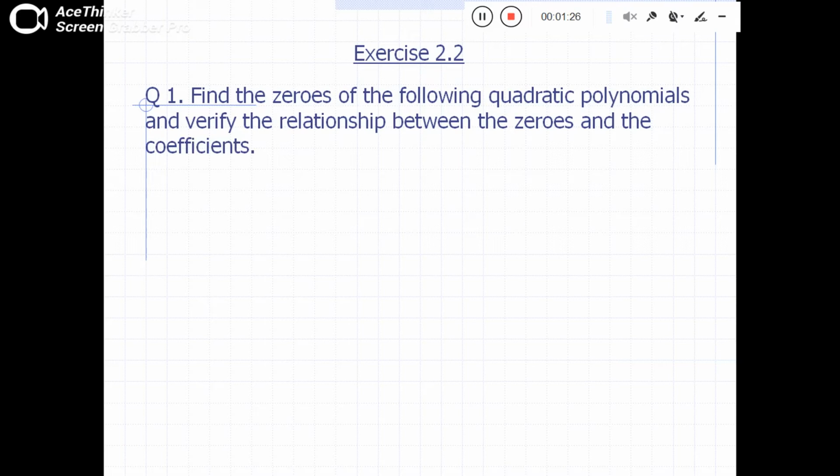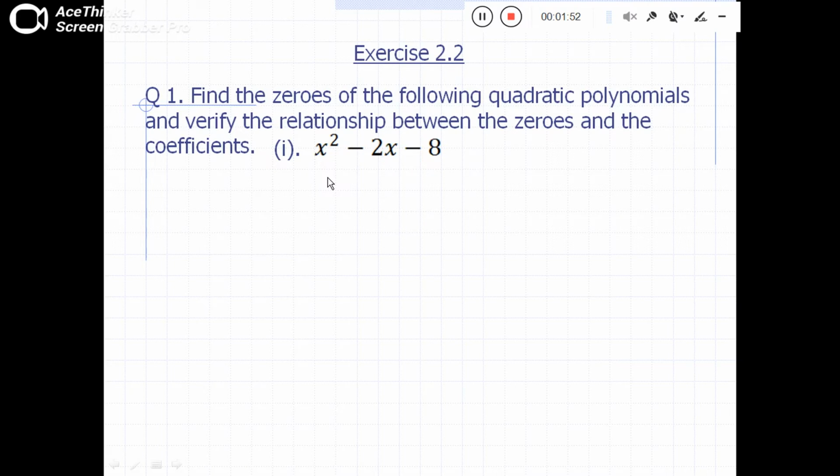Let us see the first part of it. First question is given, your quadratic polynomial is x square minus 2x minus 8, and you know that your standard form of quadratic polynomial is ax square plus bx plus c.